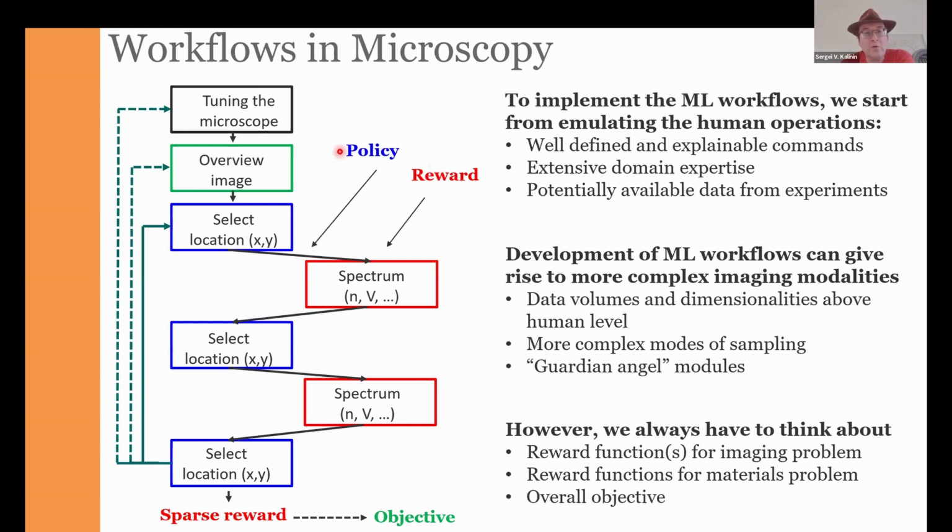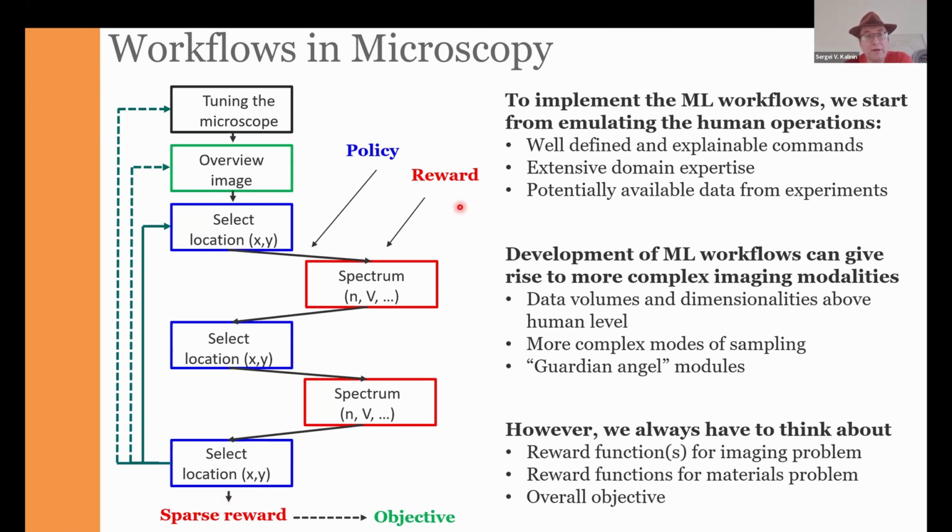And if we know what to do before the experiment, we formulate the policy. So that's essentially a lookup table. If this is what is on the screen, then this is what you should do. But most of the time, we formulate the reward. So what is it that we want to discover? For example, improve the imaging or discover structure-property relationship. Reward can be available at each step of the experiment, or myopic, or reward can be sparse, meaning available only at the end of the experiment.